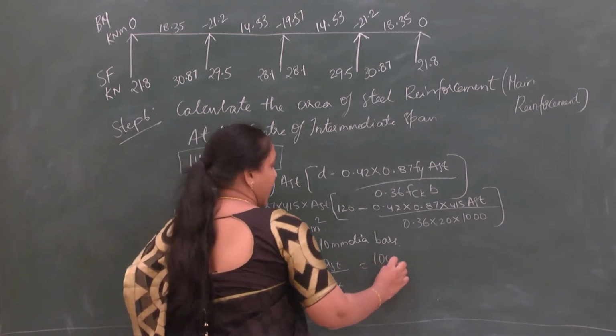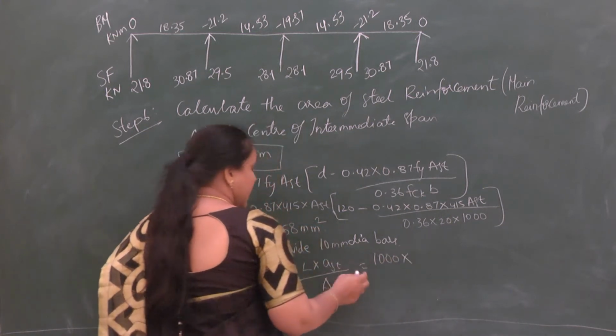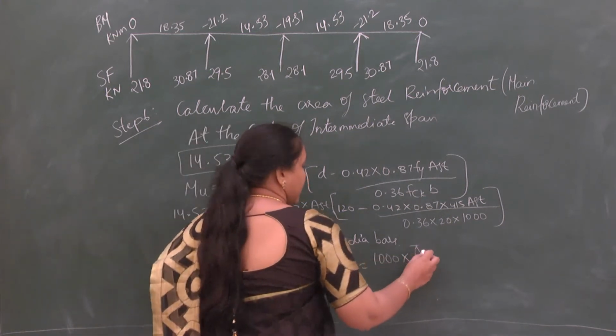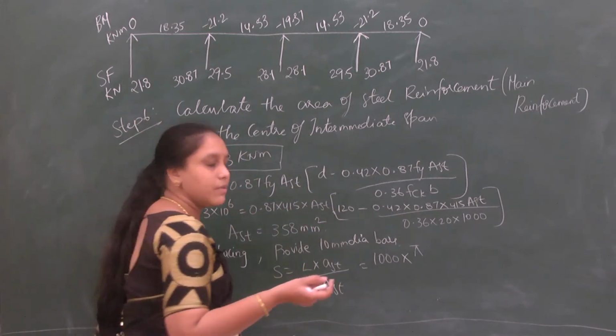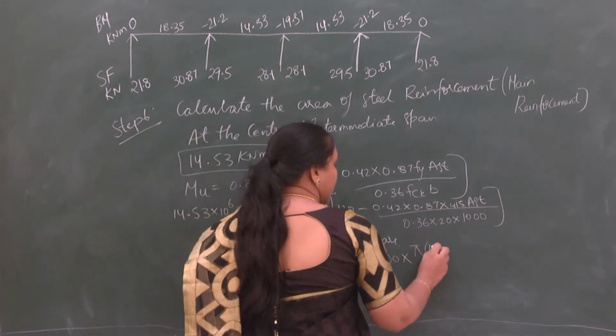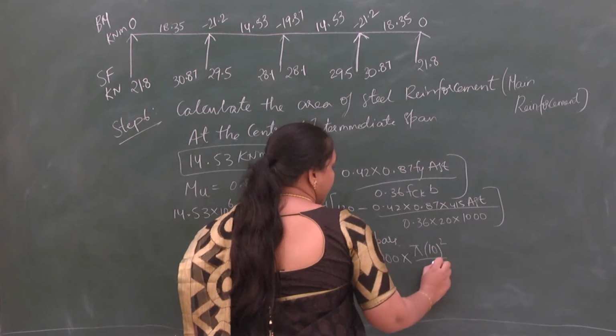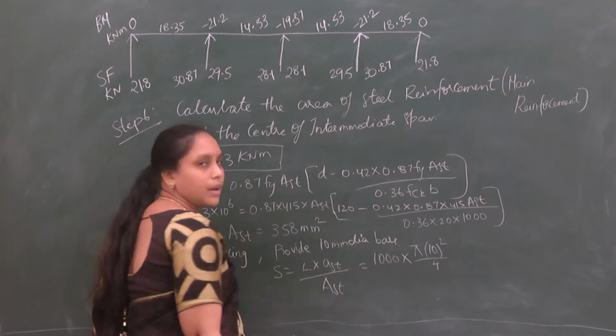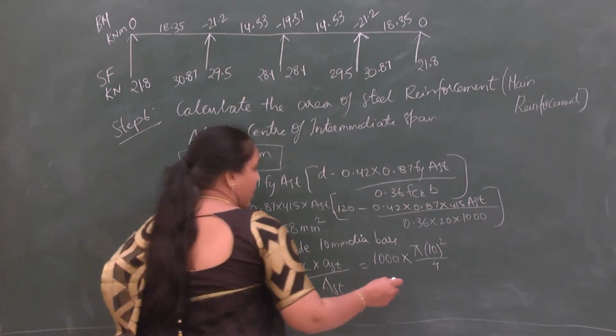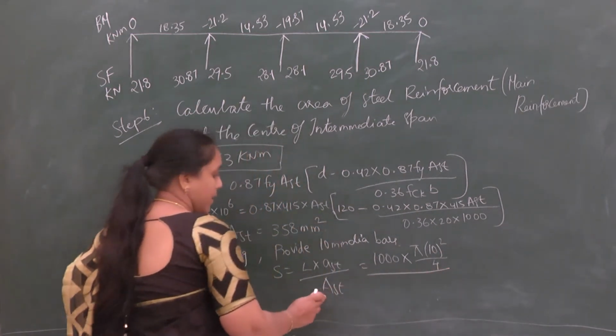So L will be as usual 1000 mm into the area of steel for 1 bar, that is small AST, which is pi into D square by 4. D here I am assuming as I am providing 10 mm dia bar, so pi into 10 square divided by 4, whole divided by the AST.